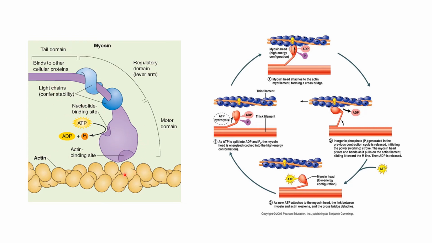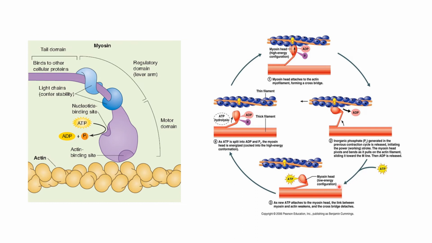The motor domain will bind to the actin. As you can see here, the myosin will attach to the actin microfilament. Phosphate will be released. The head will slide the filament, as you can see here. The ADP will be released. A new ATP attaches to the myosin head, as you can see here.